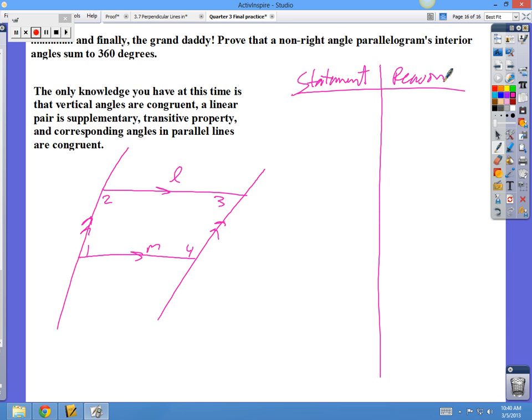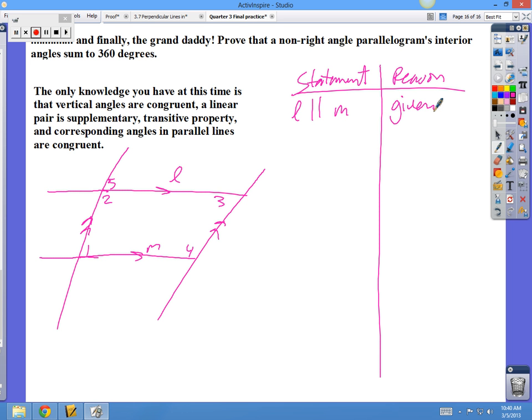So I'm going to kind of ignore the right hand side for a minute. I'm just going to play around with angle 1 and angle 2. I want to show that angle 1 plus angle 2 is 180. So I'm going to add a 5 right there. Okay, my opening statement is going to be L is parallel to M, and that is given.